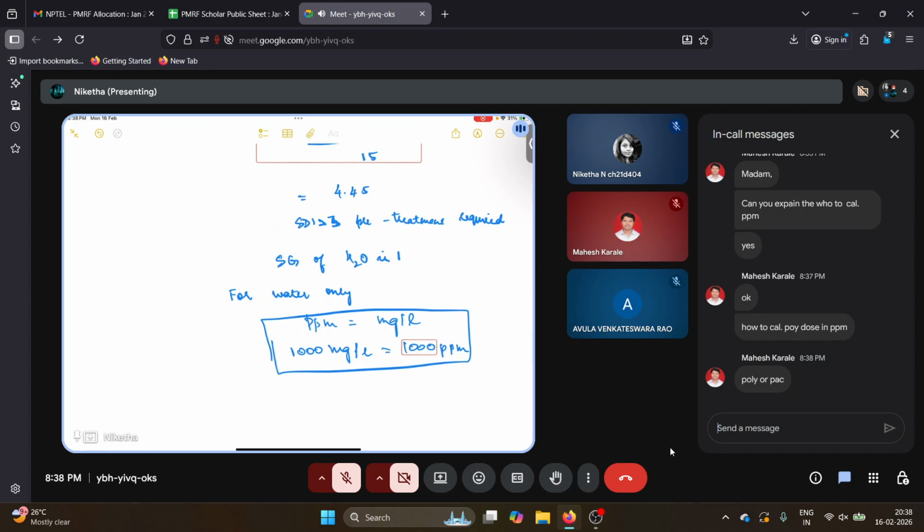Poly, not understanding, like as in polymer. Can you be a little specific? I'm not getting the context of this question.